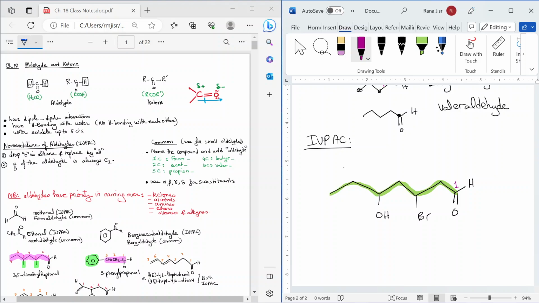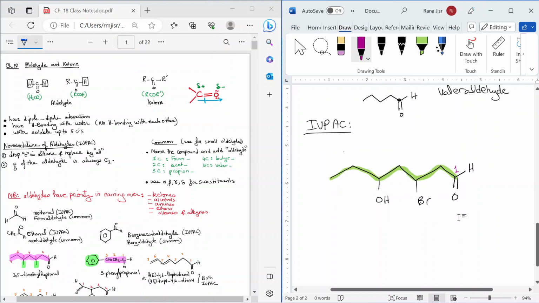So aldehyde always gets priority in naming over any small functional group. If you have an alcohol, aldehydes have priority in naming. In fact, aldehydes have priority in naming over ketones, alcohols, amines, ethers, and alkenes and alkynes.